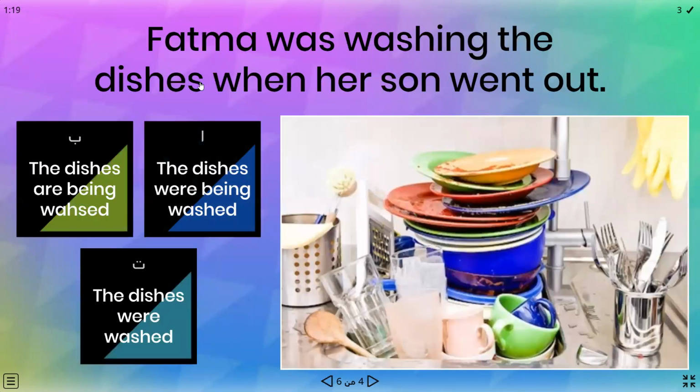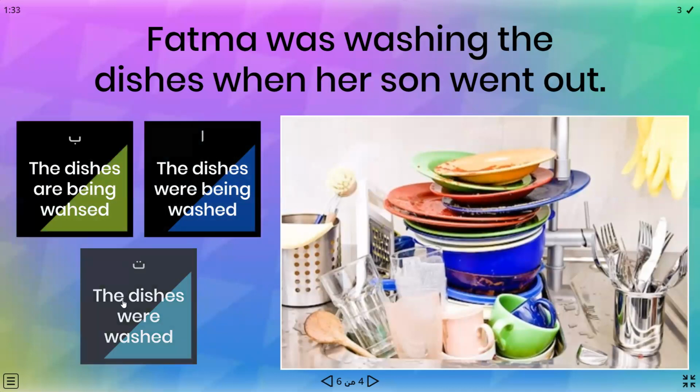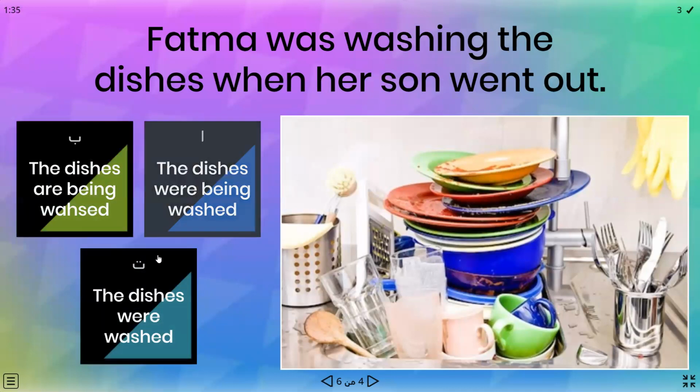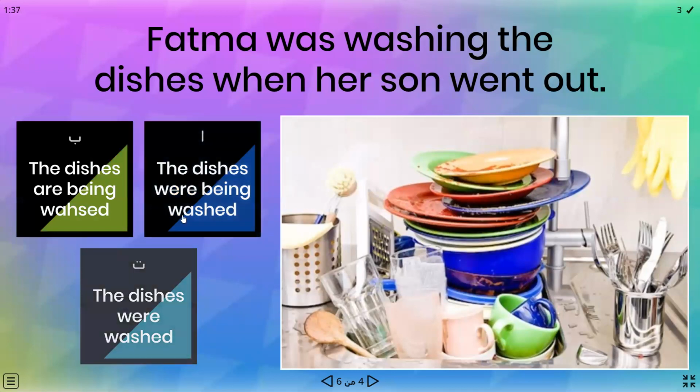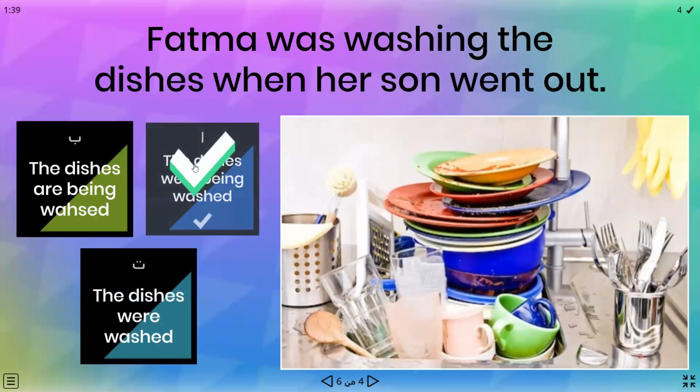Fatma was washing the dishes when her son went out. The dishes here are the object. Was washing is past continuous. We begin with the dishes were. Yes, the dishes were being washed. Which one? Yes, this one.